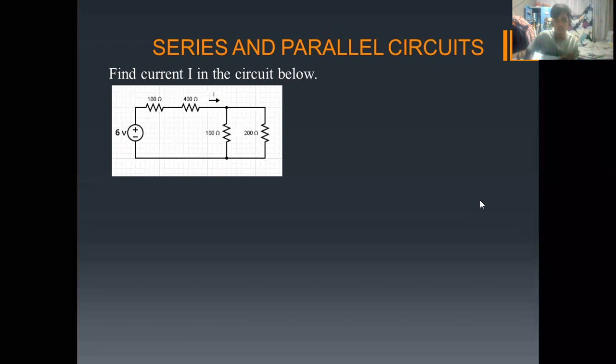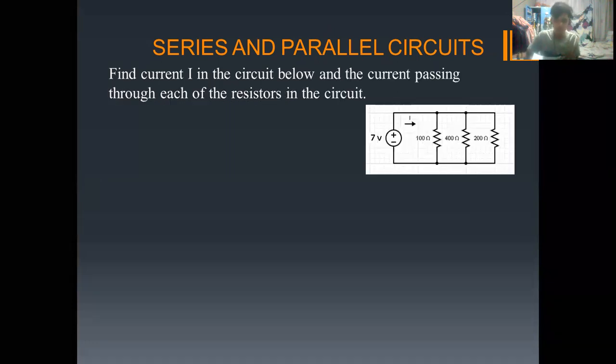Ayan. Next problem tayo. Sabi dito sa next problem, find the current I in the circuit below and the current passing through each of the resistors in the circuit. May given tayo na V total is equal to 7 volts.